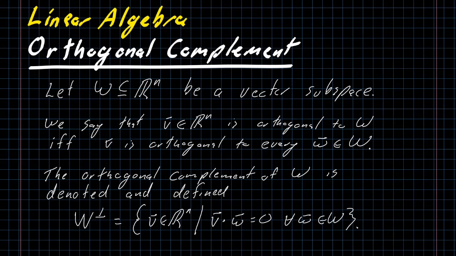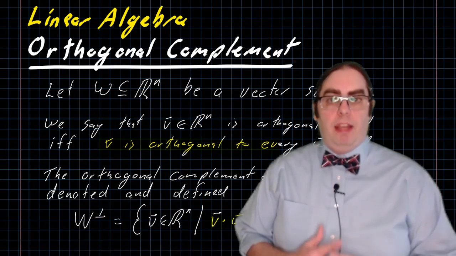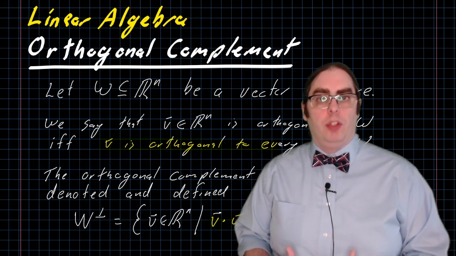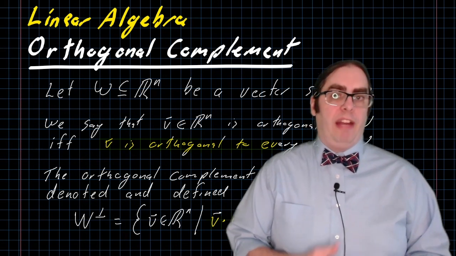It is all the vectors v such that v dot w is equal to 0 for all w in the vector space big W. v dot w equals 0, remember, is what it means for v to be orthogonal to w. So the orthogonal complement of a vector space is the set of all vectors which are orthogonal to that vector space.